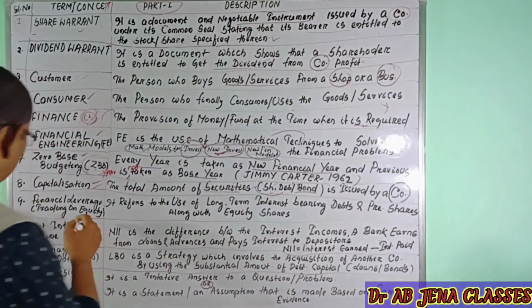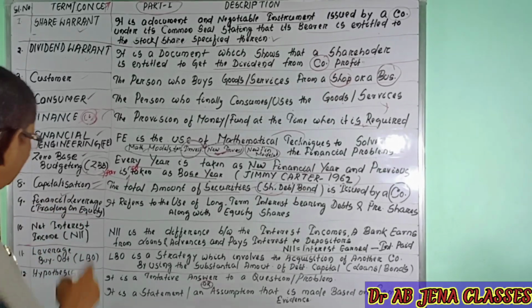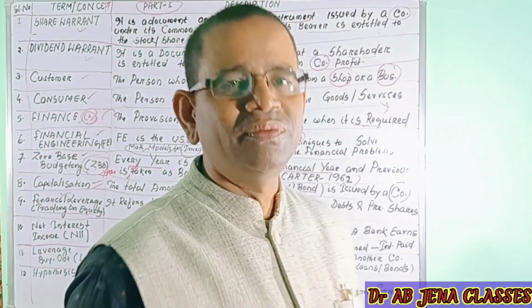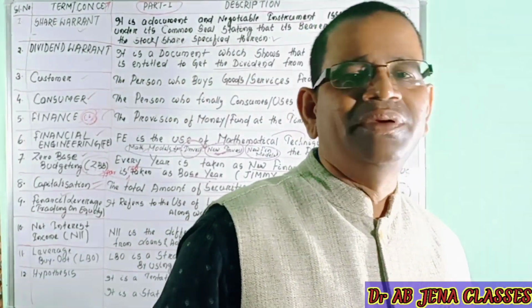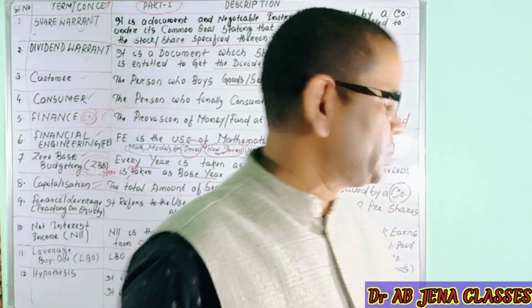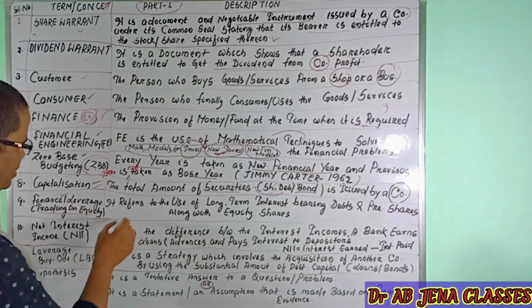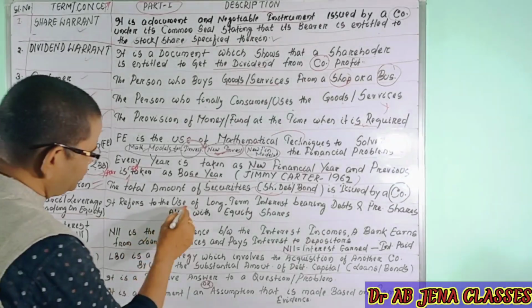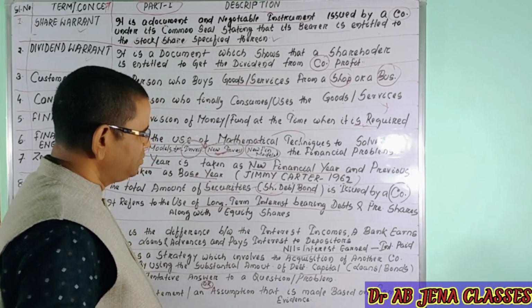Next one is the financial leverage. It's known as trading on equity. This question you will get frequently in examinations, in competitive examinations also, in UGC NET also. What is this? Financial leverage or trading on equity refers to the use of long-term interest-bearing debt. What are the long-term interest-bearing debts?